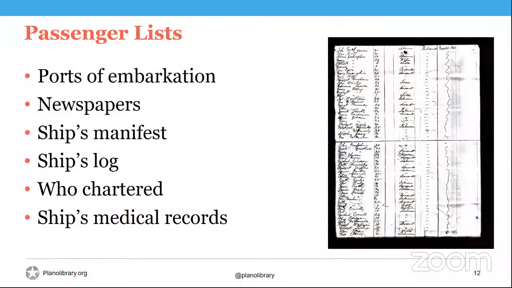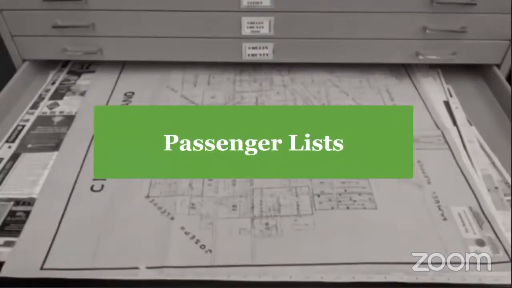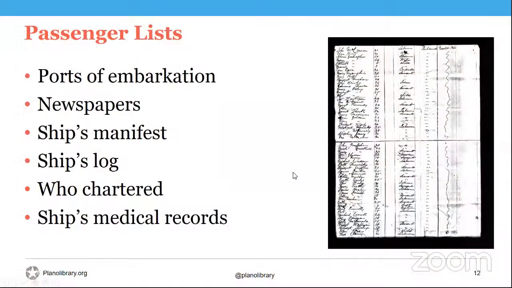Passenger lists. Now we're going to get into passenger lists. Where are they found? Everywhere. The ports where they left, the ports where they landed, in newspapers, a ship's manifest and log, whoever chartered the ship, medical records.